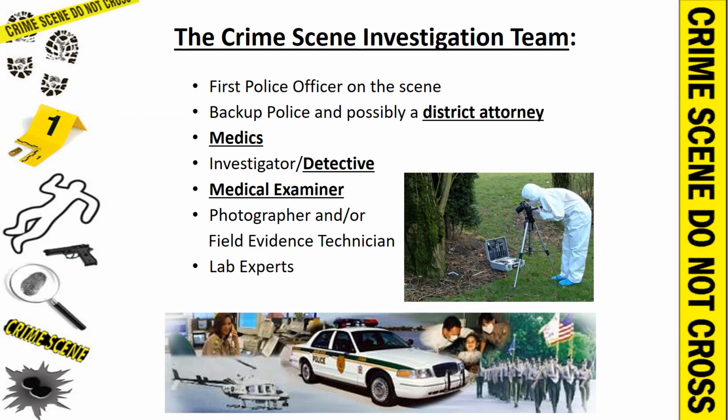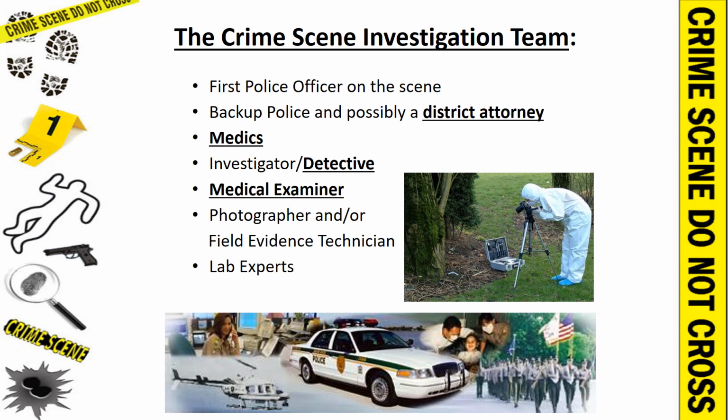So the crime scene investigation team is going to be the people that are involved in the actual crime scene processing. The first person that's going to be there is the police officer, our first responding officer. There will also be backup policemen, possibly the district attorney. If someone has been injured, medical professionals could be there, ambulance drivers and medics.